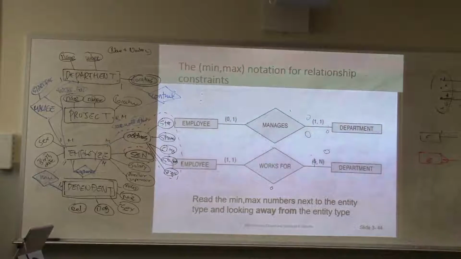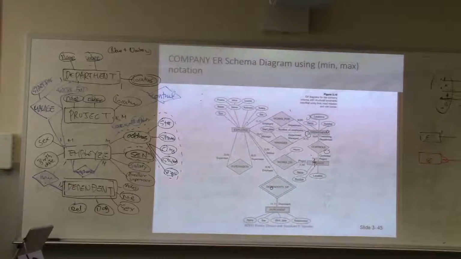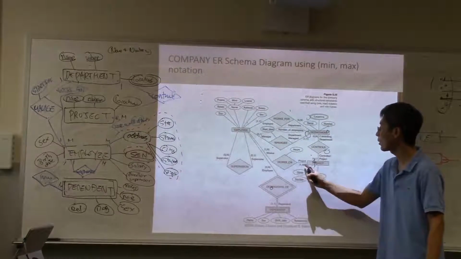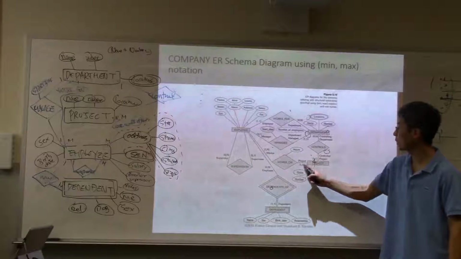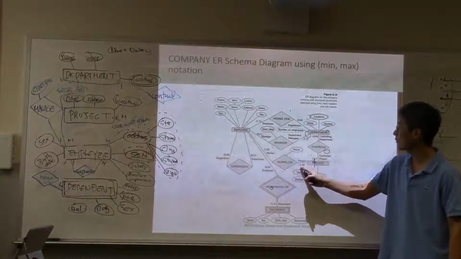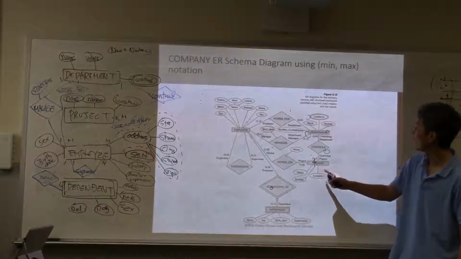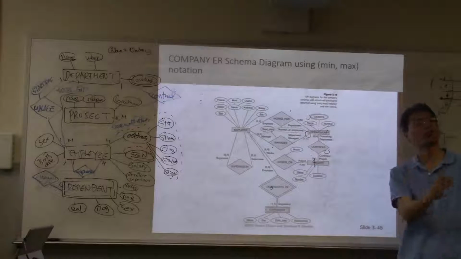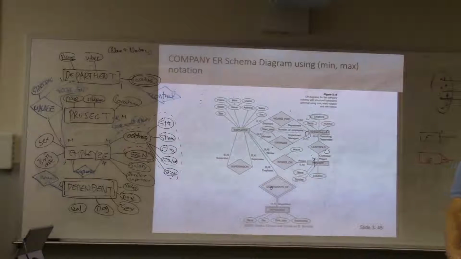So if we convert such a min-max notation like this one, for example, here in the project, how many employees? Minimum 1, maximum n. And here, department, minimum 4, maximum. Some more details than the one-to-many notation.